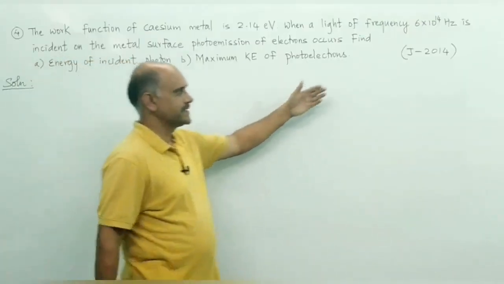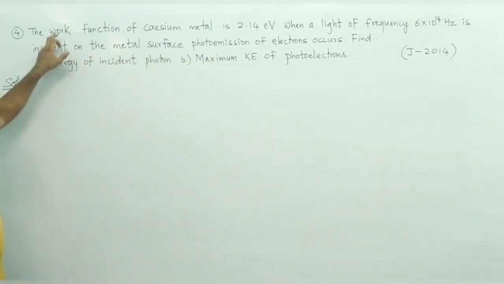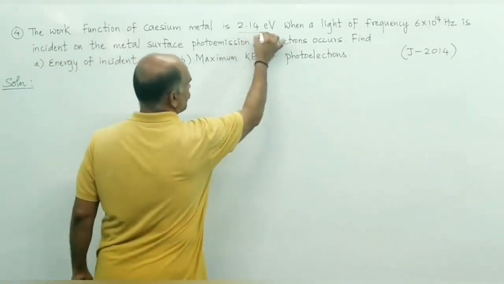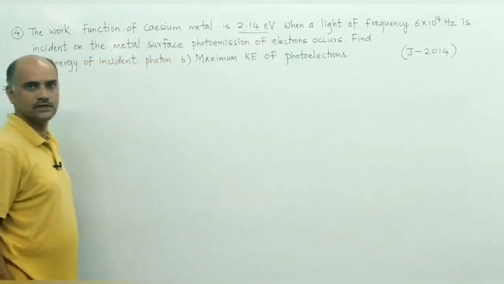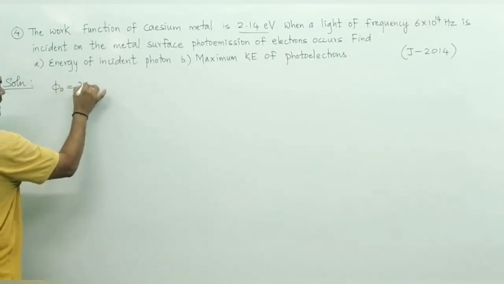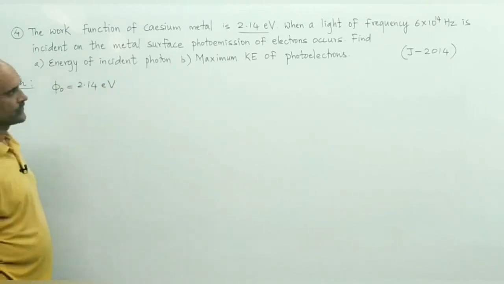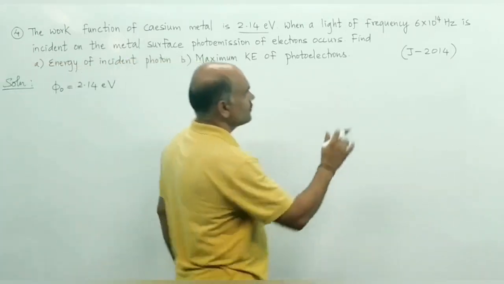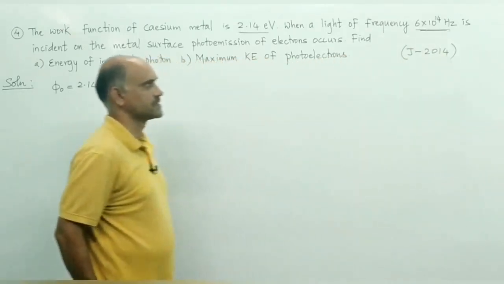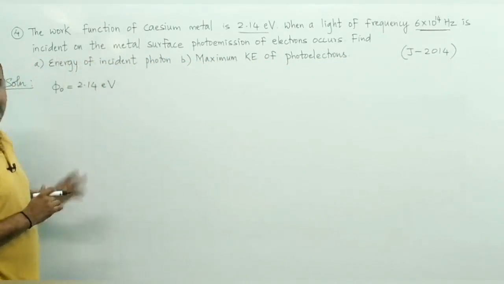This has appeared in July 2014. So the work function of cesium metal is 2.14 electron volt. So first he has given work function in electron volt, he has given 2.14. So when a light of frequency 6 into 10 raised to 14 hertz, so he has given frequency of incident light.